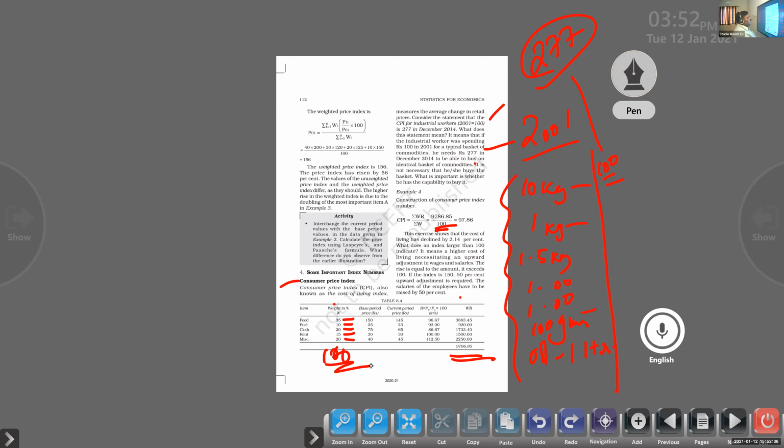Okay, so we get 97.86. The exercise shows that the cost of living has declined by 2.14%. That is 97.86 minus 100.